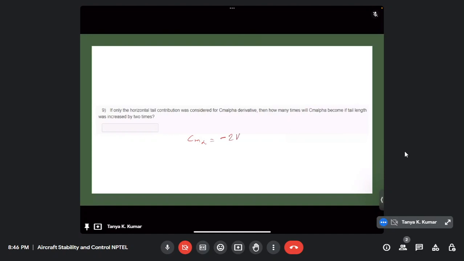Minus eta Vh Cl alpha tail into 1 minus d epsilon by d alpha. Am I missing some term? No. Alright. So if the tail length was increased by 2 times, how will it affect? Does the tail length feature in this equation anywhere?